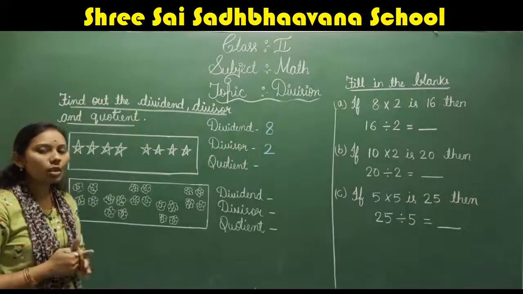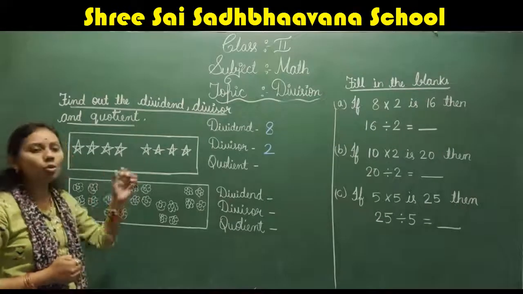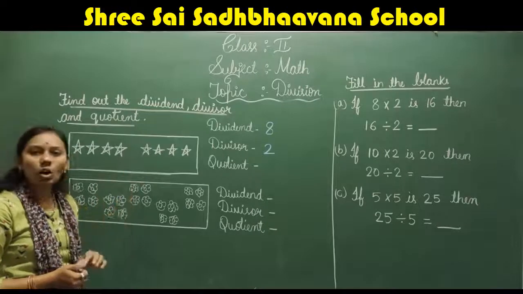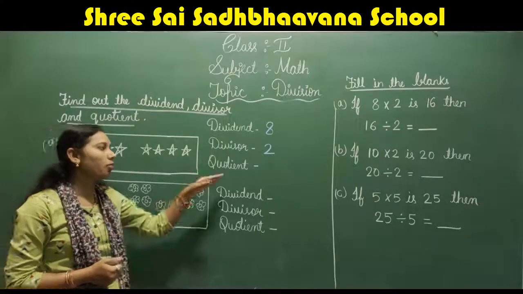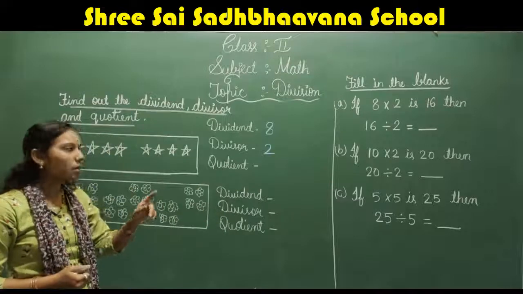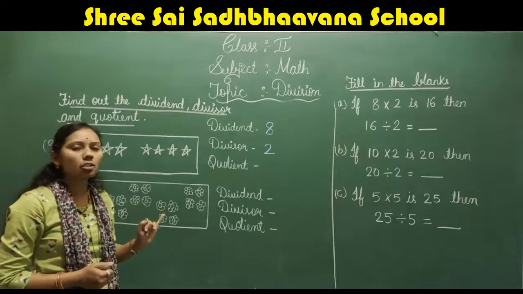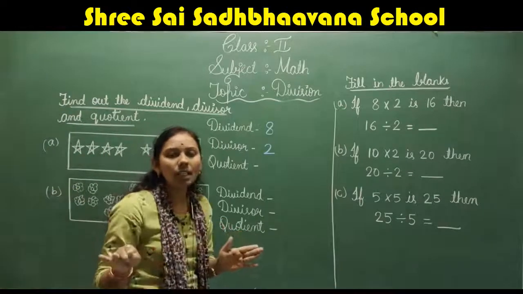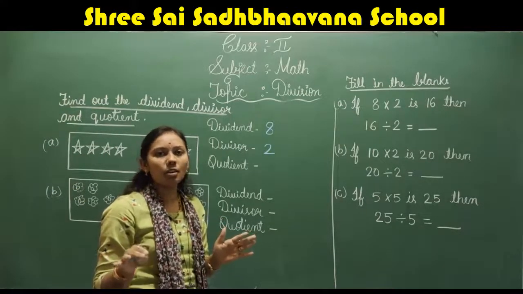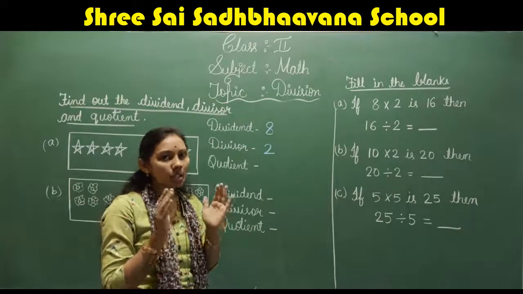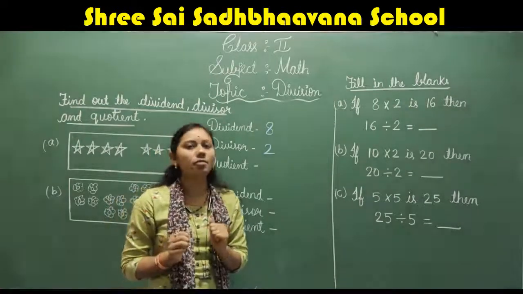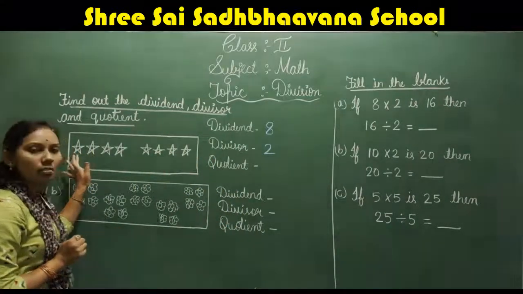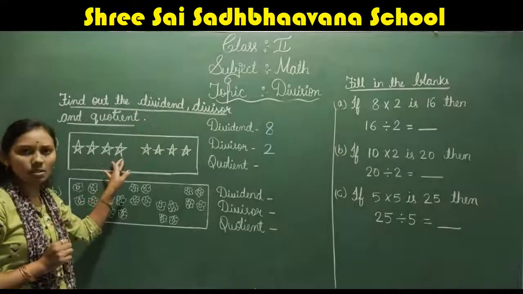Got it children? Now we have to find out in each group how many stars there are. That is the question. So that means 8 divided by 2. 8 stars are equally distributed into 2 groups. So in each group, how many stars will be there? In one group, we can see 1, 2, 3, 4 stars.